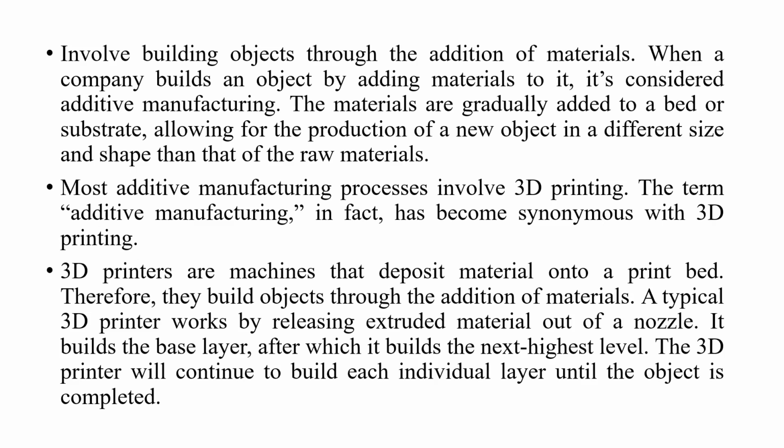It builds the base layer, after which it builds the next level. 3D printers will continue to build each individual layer until the object is completed. So this is about what is additive manufacturing. We will go through a few pictures wherein you understand how objects are made using additive manufacturing techniques.